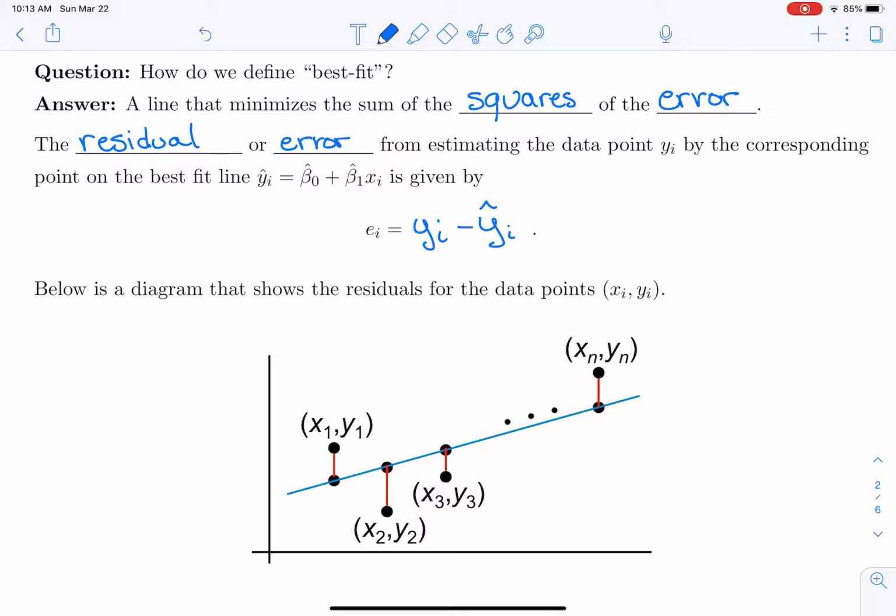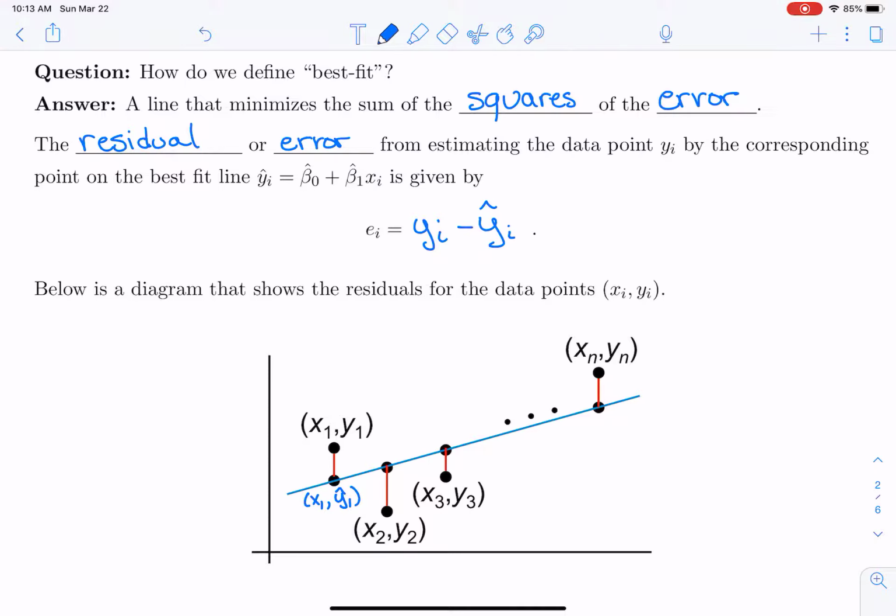And below is a diagram that helps us see the residuals for the data points xi, yi. So for example, you'll see that x1, y1 lies above that line. The point on that line is going to be the point x1, y1 hat.